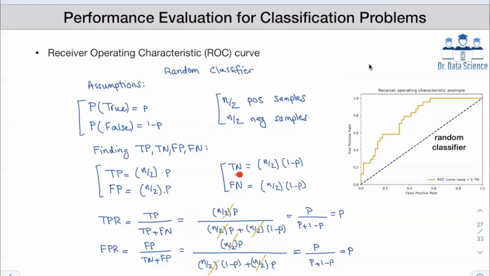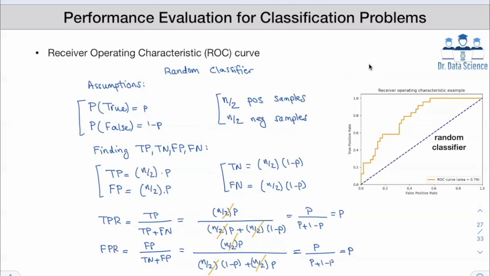So this gives us the true negatives and false negatives. And now if you do some math here, you can see that the true positive rate and false positive rate are equal. And the result is p, which is the probability that we set here.